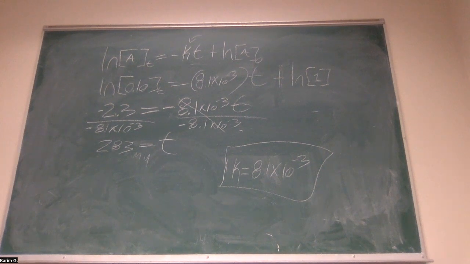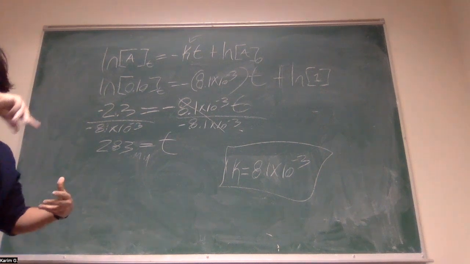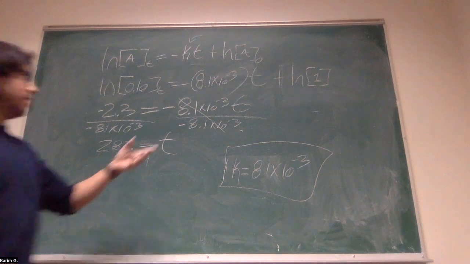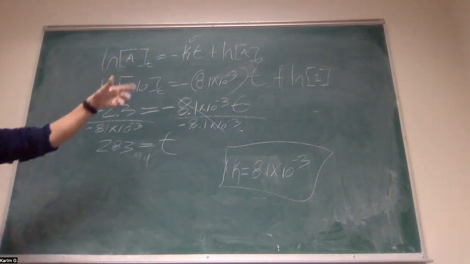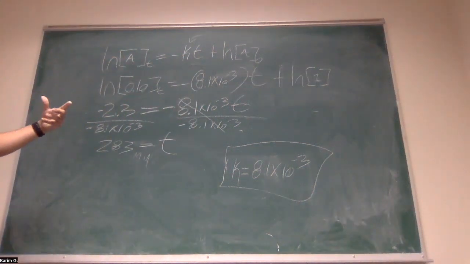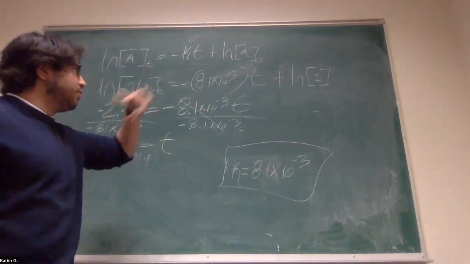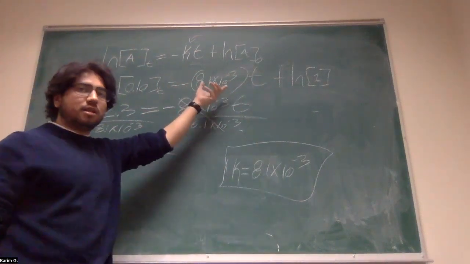So that makes sense, right? With a given concentration initially, so initially it was 0.45 and then 0.32, at a certain time, we found our value for K. And then we did another equation where we didn't know the time, but because we found the value of K in the other one, we could plug this in.